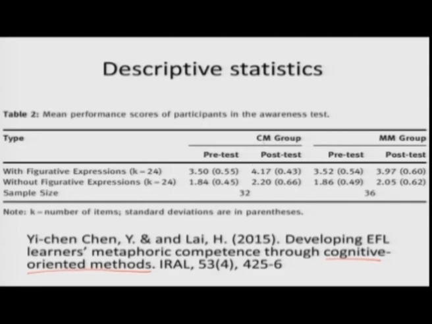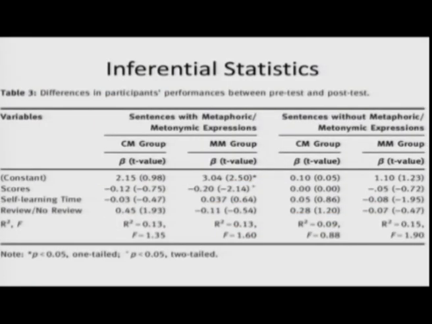If you look at it, there are 2 groups, then there were pre-test and post-test. These are mean scores. They just represent, and standard deviation scores are given in parentheses. This is an example of descriptive statistics. This is an example of inferential statistics. They have run a t-test, and details about it are given.